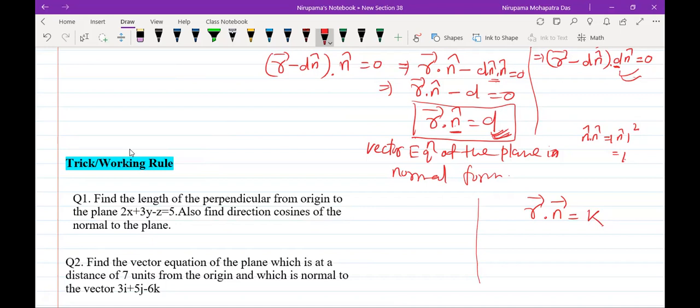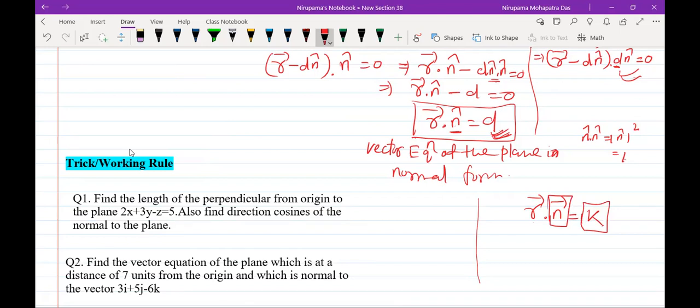So this cannot be taken as r dot n vector equals D, meaning this D. This cannot be the distance of the plane from the origin. So when you see the question, what you need to check is whether this is a unit vector or not.